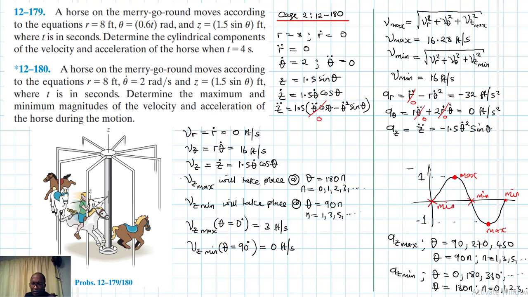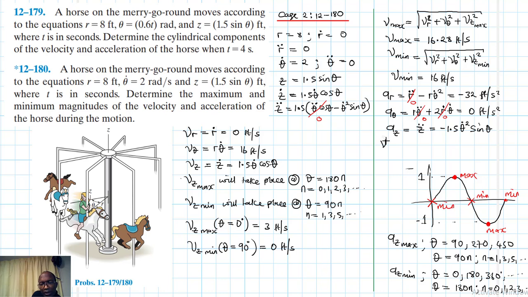So when n is equal to 0, we have 0, n is equal to 1, we have 180, n is equal to 2, we have 360, and so on. 180 by 3, that's 540. Sine 540 is 0, right? Great.